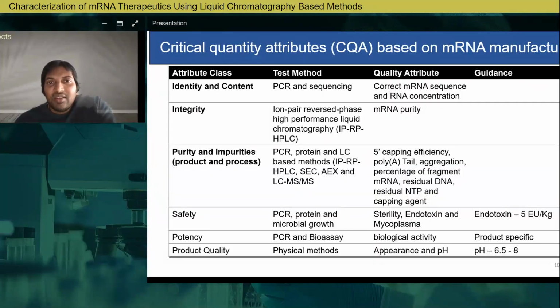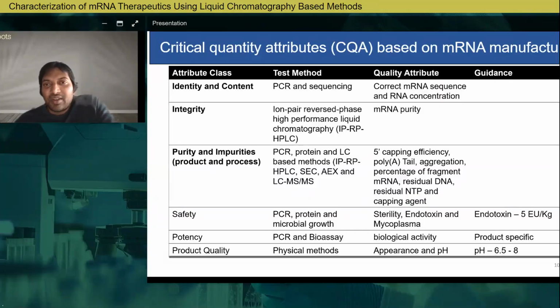The other important thing is that, as I said, a lot of impurities come along. You need to understand the amounts of these different impurities as well as the ideal integrity and purity I talked about before, but those relate to the mRNA molecule itself.